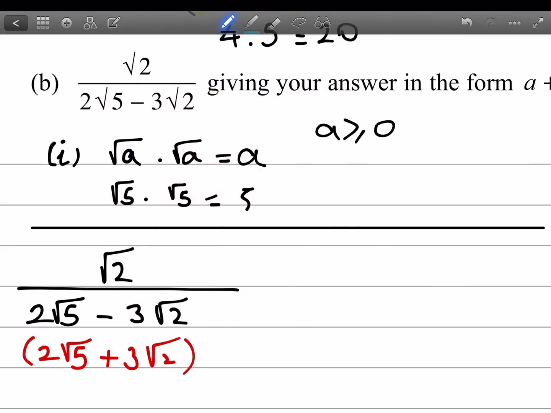Let's talk about this procedure. For example, 3 times root 5 minus 5 has a conjugate of 3 times root 5 plus 5.